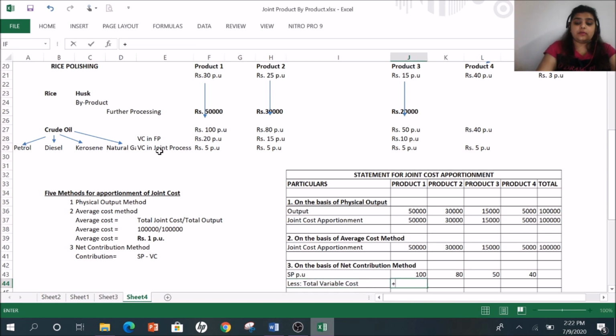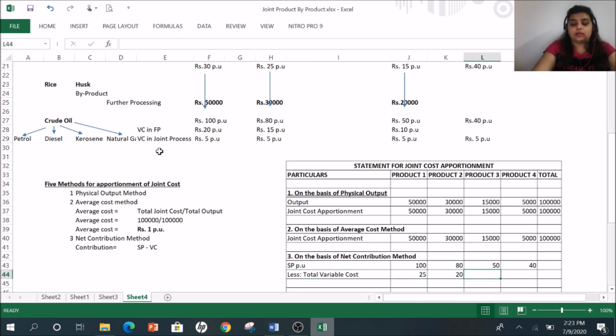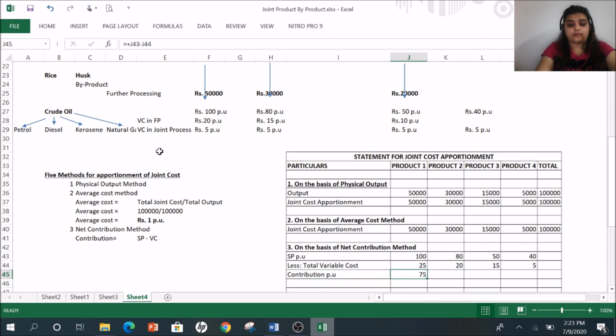Total variable cost would be 20 plus 5, 25. Here 15 plus 5, 20. Here 10 plus 5, 15. And here 5 rupees. So the contribution per unit is 100 minus 25, 75, 60, 35 and 35.